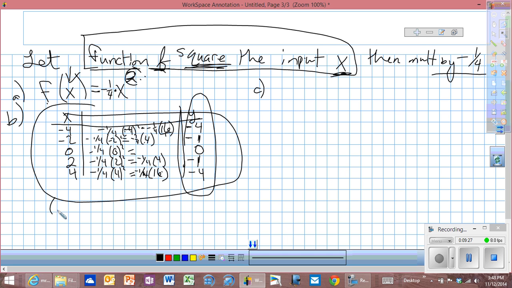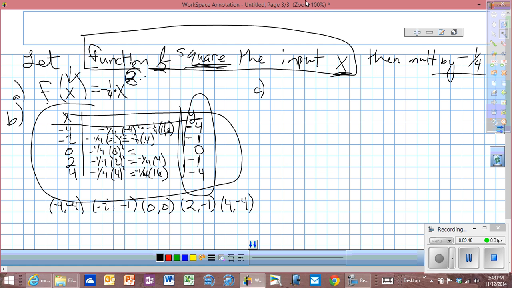I like to write out my points. So I have -4, -4. Then I have -2, -1. Then I have 0, 0. Then I have 2, -1. And 4, -4.